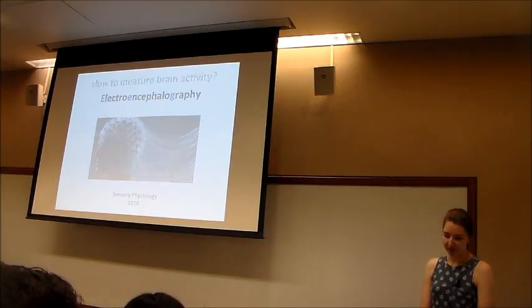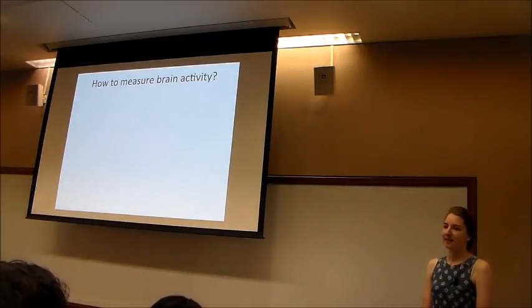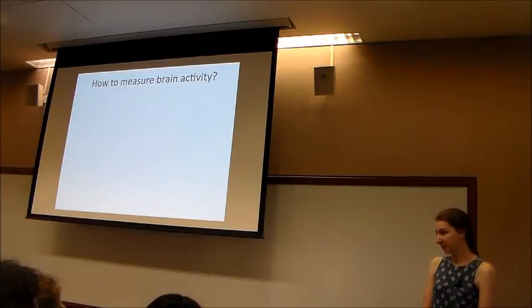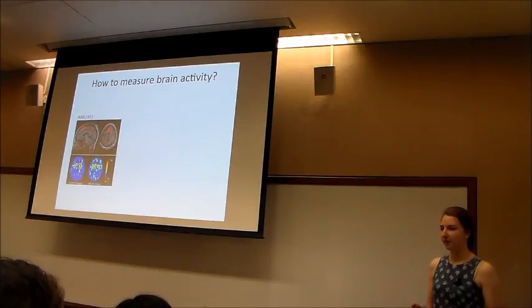So these are the two challenges. You have a lot of area that you need to record from, and if you poke stuff in there, you can damage it. So there are some different ways that researchers try to measure brain activity, and given these challenges, they have benefits and drawbacks.